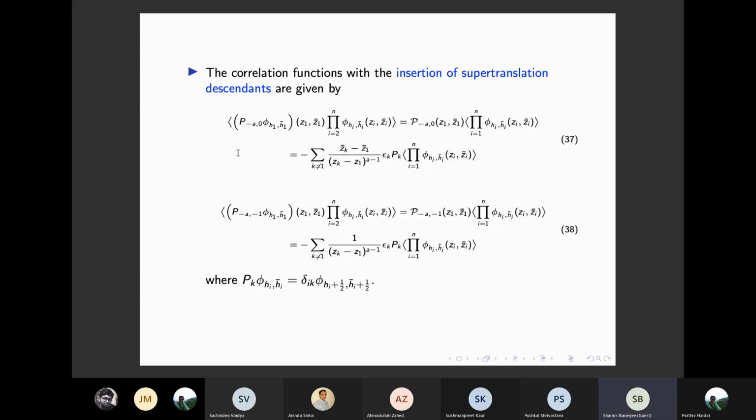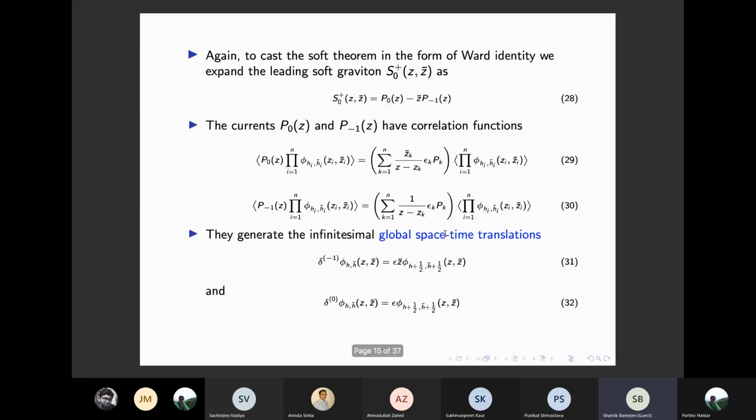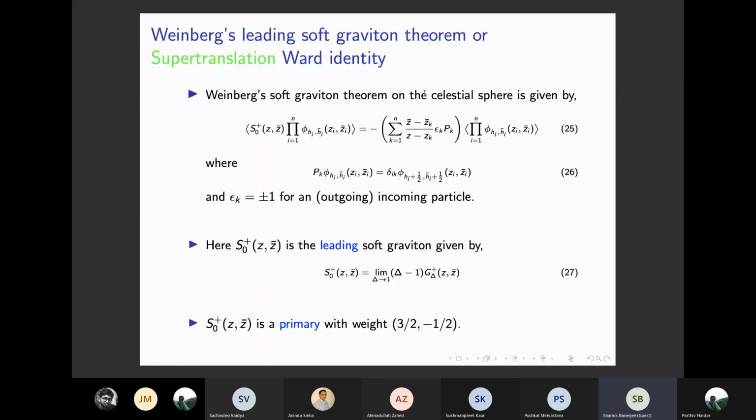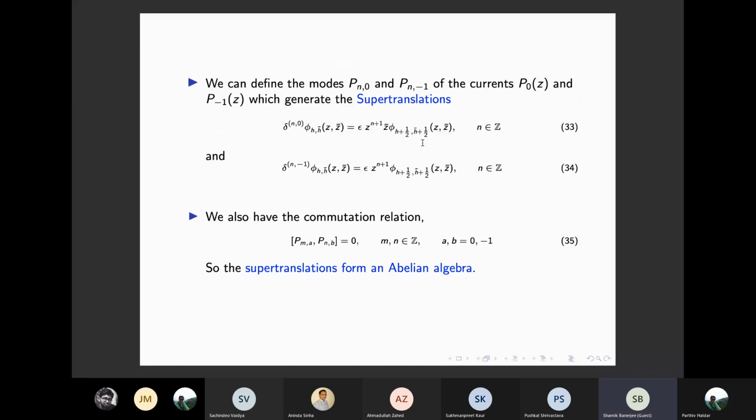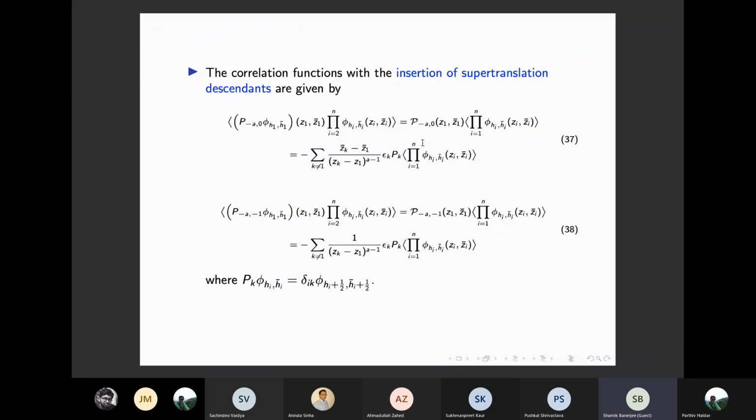Okay, so now we also get these things. These are the correlation functions of these super translation descendants, and they have this form, and they can again be obtained by expanding the soft factor. Okay, so what we get is that at the end of the day, we have two kinds of algebras.